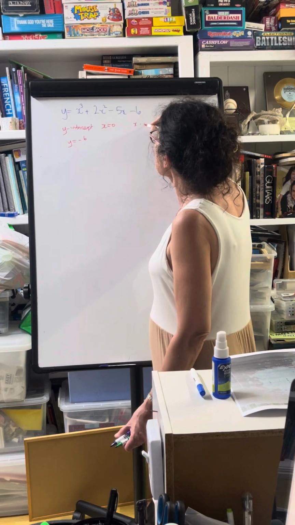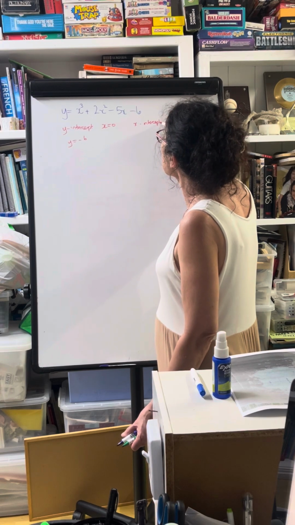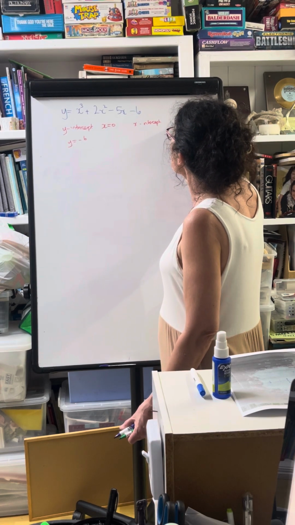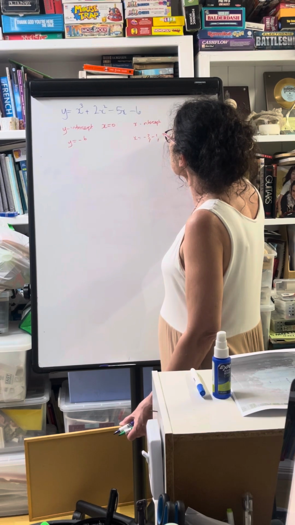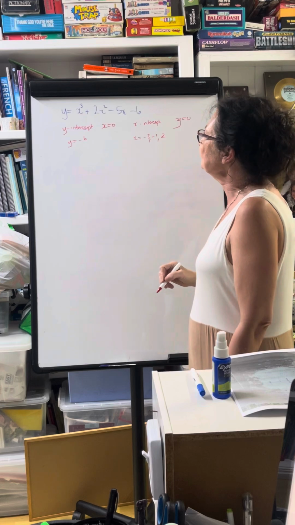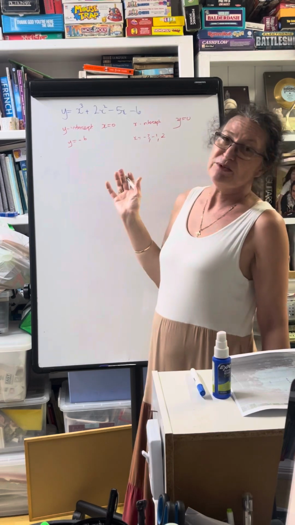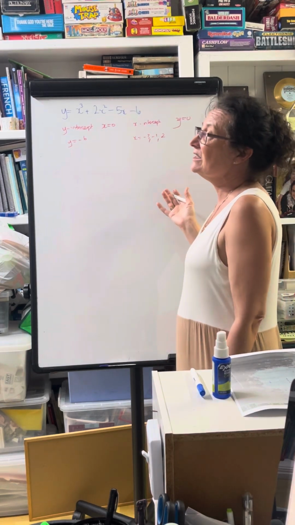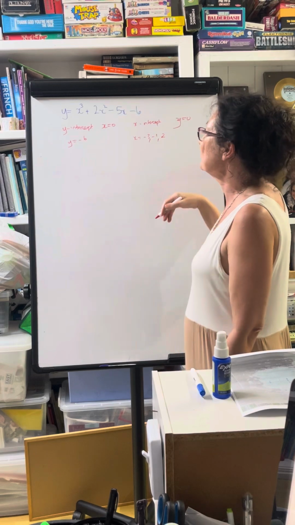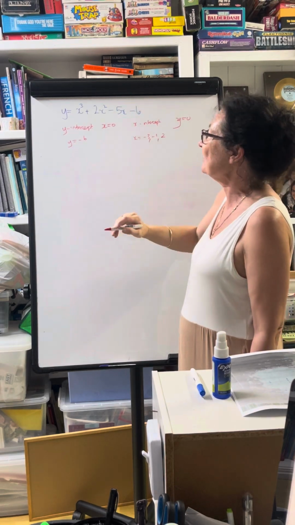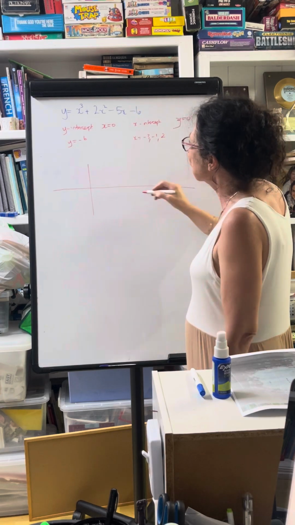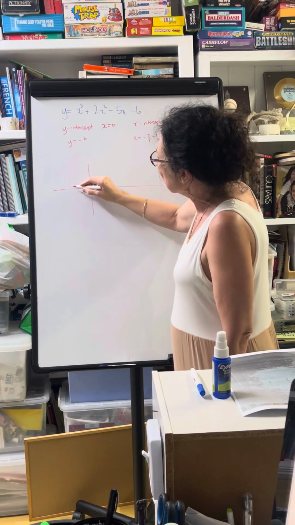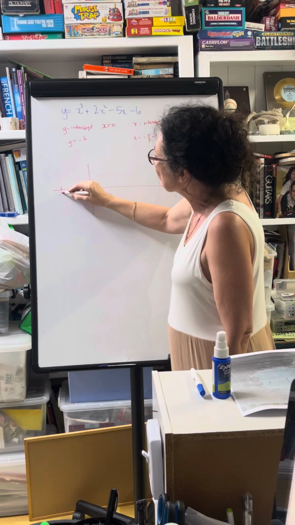We look at the x-intercepts. That's when y equals 0, and we found that that was minus 3, minus 1, and 2. We could differentiate and find the maximum. We can use lots of different things, but that's sort of enough. So when you're drawing that, we do minus 1, minus 2, minus 3.